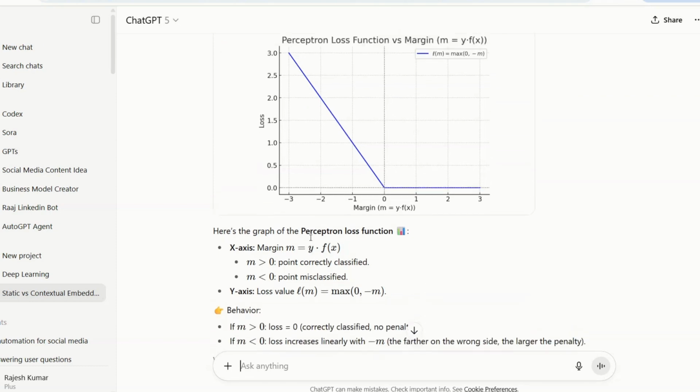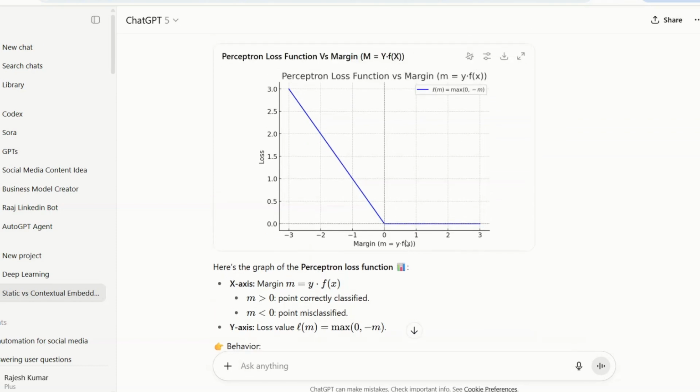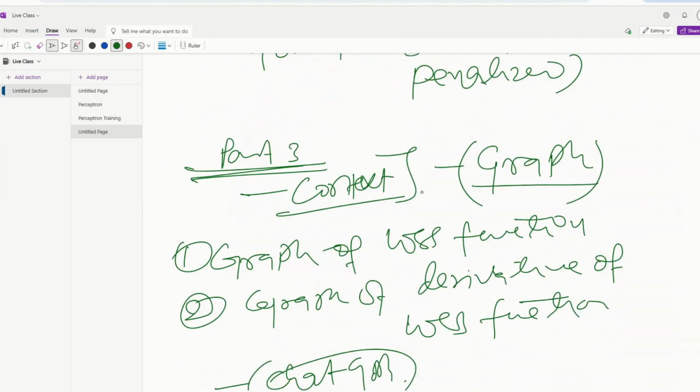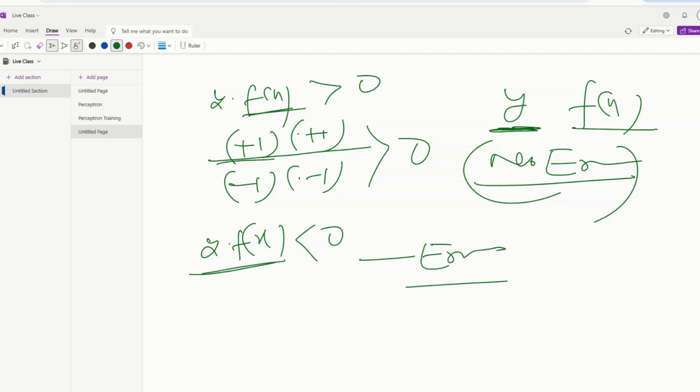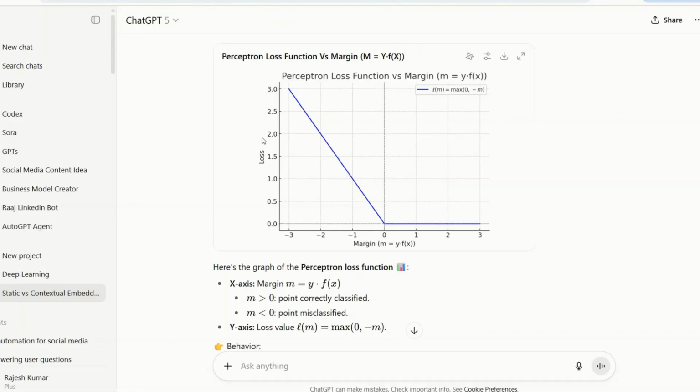So what the graph is telling us is, if y into fx is negative, then there's an error case, and this error is directly proportional to distance. The farther you go, like if I go to the extreme, -10, -20, -30, the height will increase.